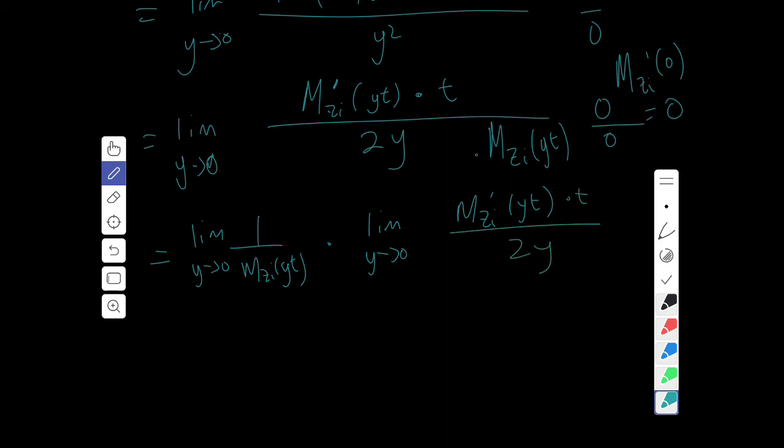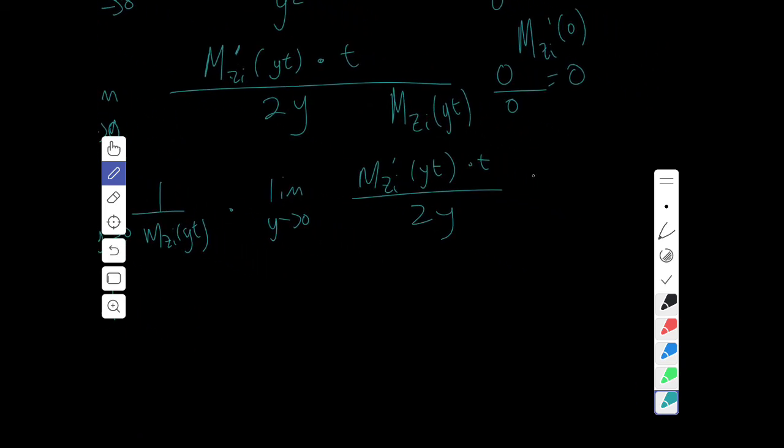I'm just splitting out this part over here. As y goes to 0, the argument goes to 0, and the moment generating function evaluated at 0 is just equal to 1, so that part is just equal to 1. So we get rid of this particular thing, and then we have this nasty thing over here, but that also just goes to 0 over 0, because as y goes to 0, the inside of the first derivative of the moment generating function goes to 0. So I'm evaluating my moment generating function's derivative at 0, which is just the expected value of Zi, which is 0.